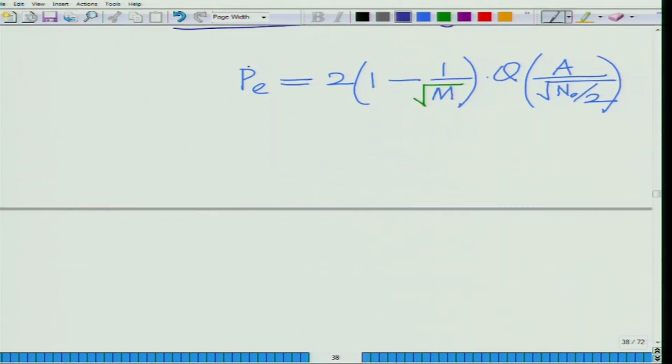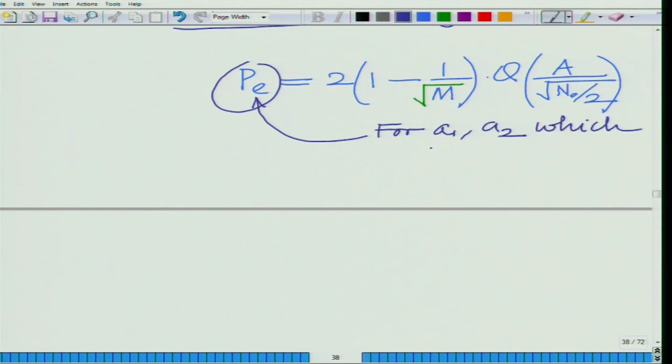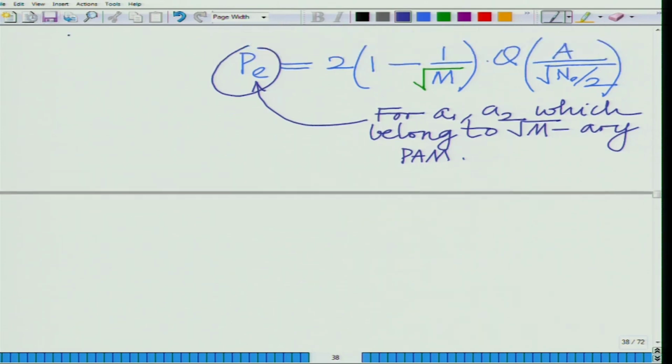Okay. So, this is the probability of error for A1, A2, which belong to square root M-ary PAM.